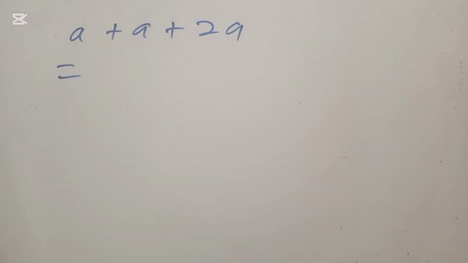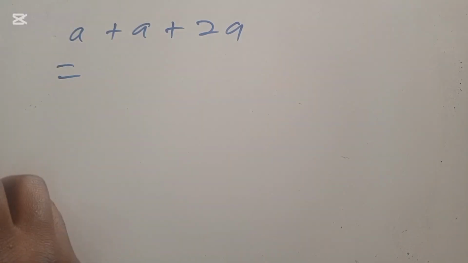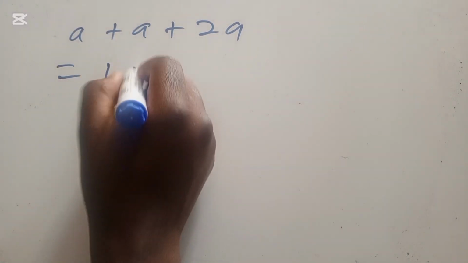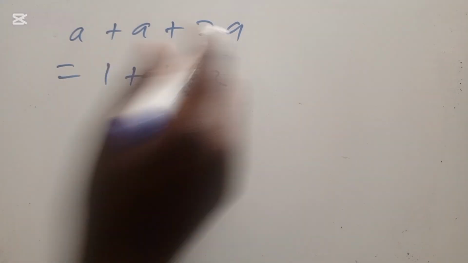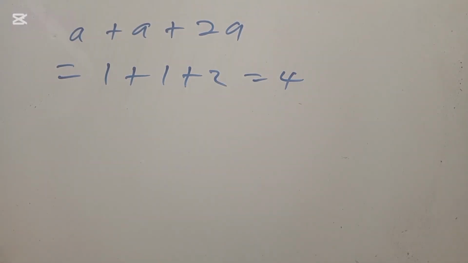Find the answer to this. If you are used to using a calculator, you might not be able to identify that a means it is 1a. It is almost saying like 1 plus 2 if you are to take away the a's. And this one, you can easily say it is 4.